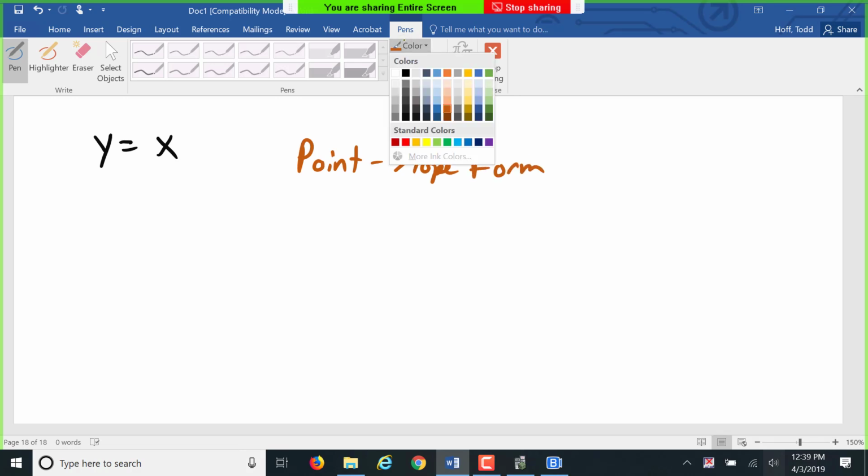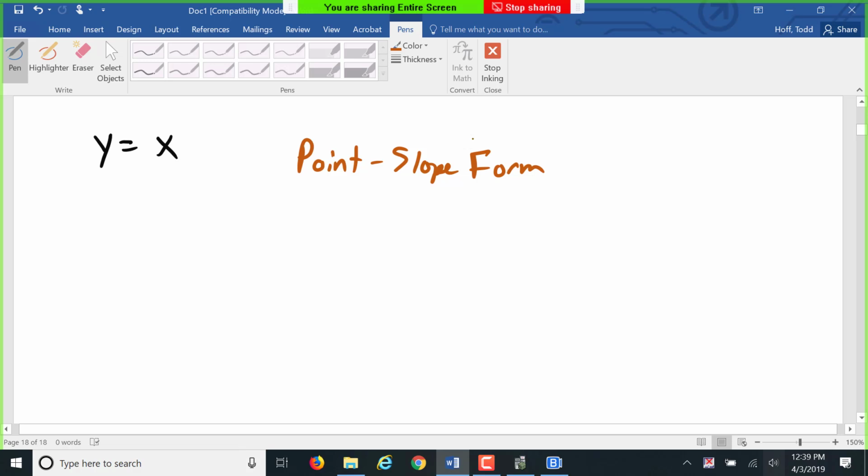If you recall, the point-slope form of an equation said, if we have the slope of the line and a point it goes through, the equation is y minus y1, which is that y-coordinate in that point, equals our slope times x minus x1.